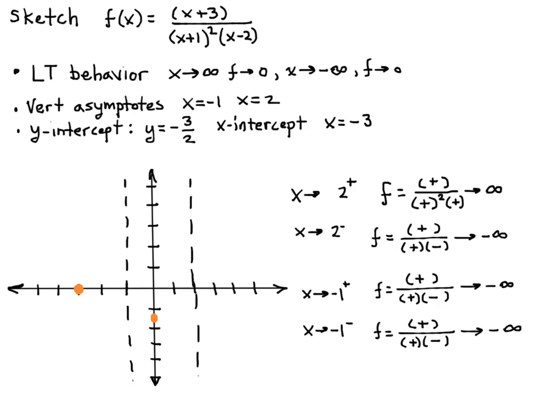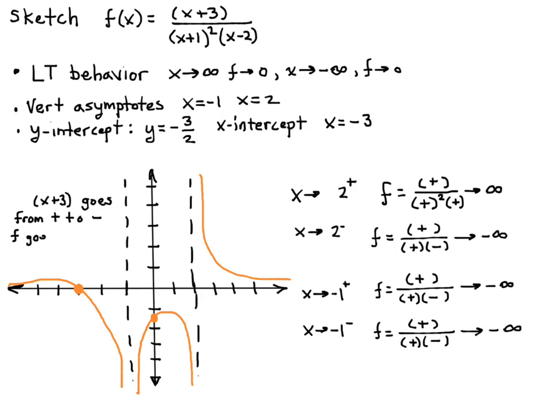Okay, and then if I go to negative 1 from the left side, this is still positive. This is always positive, and this is going to be negative as well, so this is going to be negative. So when I sketch in my graph, this is what's going to happen. Now this is a little odd because I'm going to go through the axis, but then I'm going to start leveling out and return back to y equals 0.